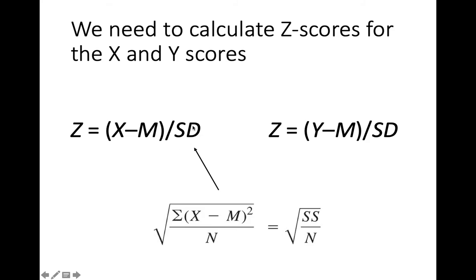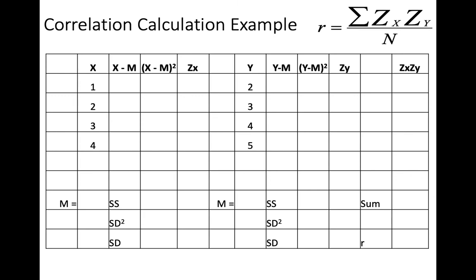We need to calculate the standard deviation of X, and of course also the standard deviation of Y. So it's a very calculation-intensive statistic, but I think it's really valuable to review these concepts and to see it's not really magic when you see a correlation coefficient reported. It's very logical where that number comes from.